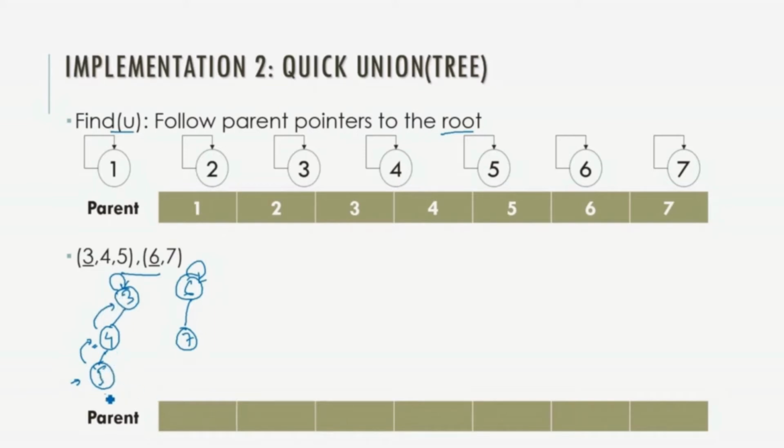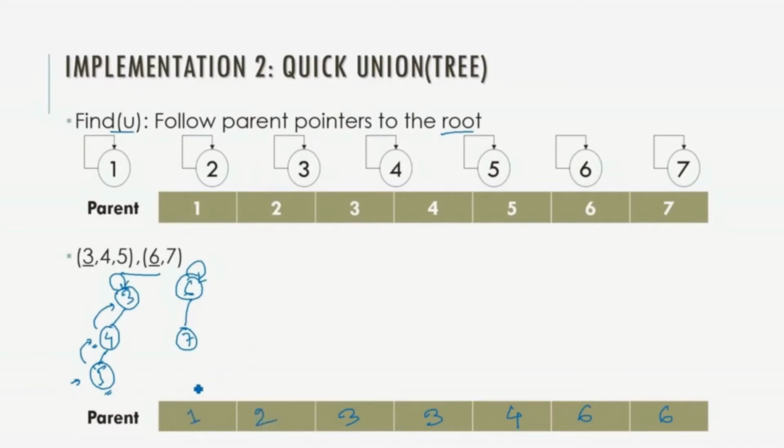So the parent of 5 is 4, the parent of 4 is 3, and the parent of 3 is 3 itself. The parent of 7 is 6, and the parent of 6 is 6 itself, and all other sets are single element sets.